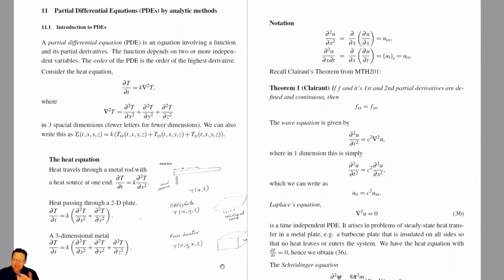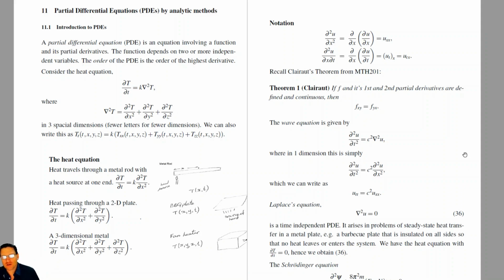Suppose it's insulated on all sides, for example, with perfect insulation. So in that case, you could have just the left-hand side being equal to 0, and so you would divide away the constant, and you would have just nabla squared T equals 0 in the steady state heat equation.